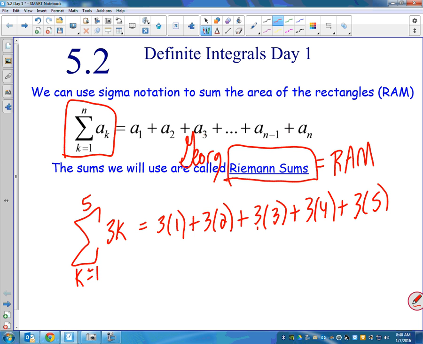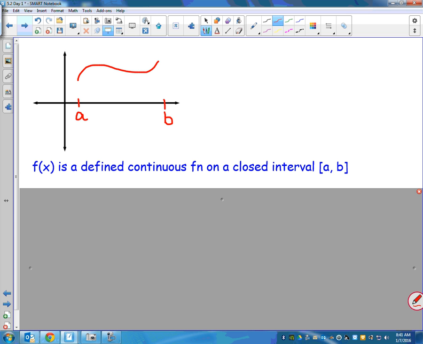So we're going to talk about this. What if we want to make these rectangles like 500 rectangles or 1,000 rectangles, and what if we didn't have a calculator? That's what we're going to do. So I drew this lovely graph for you. Let's say that f of x is a defined continuous function on a closed interval.